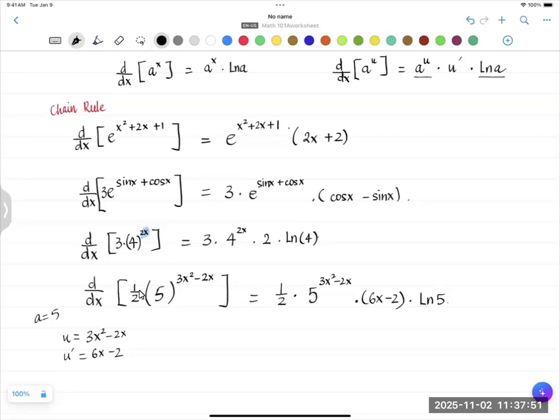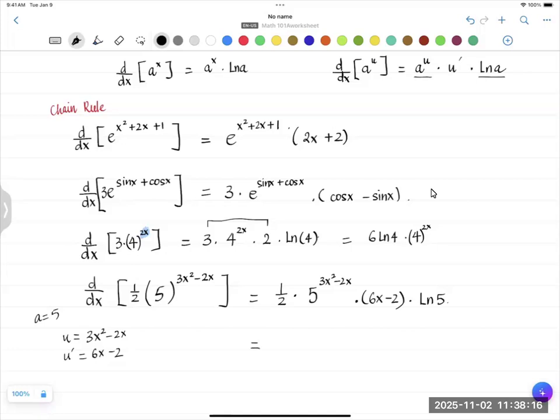And then, of course, after this, it's better that you multiply everything together. I didn't do that, but we should. We should multiply 3 and 2, which is 6, ln 4 times 4 to the power 2x. Make sure you put the parentheses so you know the 2x is only applied to the 4. Similar for the one above, or you can leave it like that, it's fine.